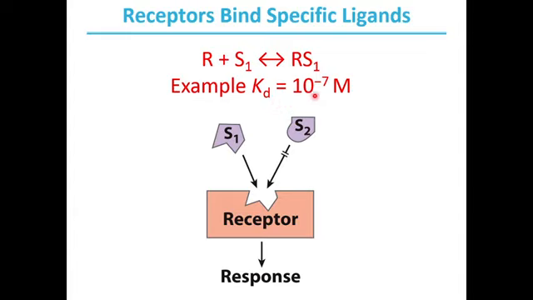And commonly, a dissociation constant of 10 to the minus 7 molar or less means the receptor detects micromolar or nanomolar concentrations of a signal molecule. And this is what this particular number means. This also means that the signal is highly specific for the receptor, and it's a strong binding. So it is good to remember this concept because we will be talking about affinities in this chapter.